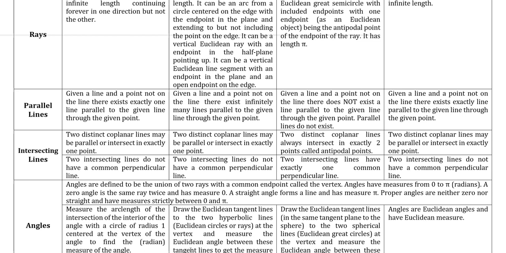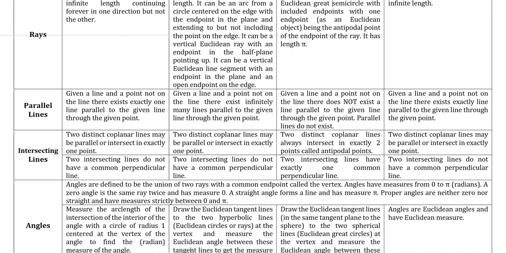Okay, how about parallel lines? This is one of the main things that's going to separate these geometries. Given a line and a point not on the line, there exists exactly one line parallel to the given line through the given point. That's the parallel postulate for Euclidean geometry, and taxicab geometry works exactly the same way. But we get a completely different situation in the other two geometries.